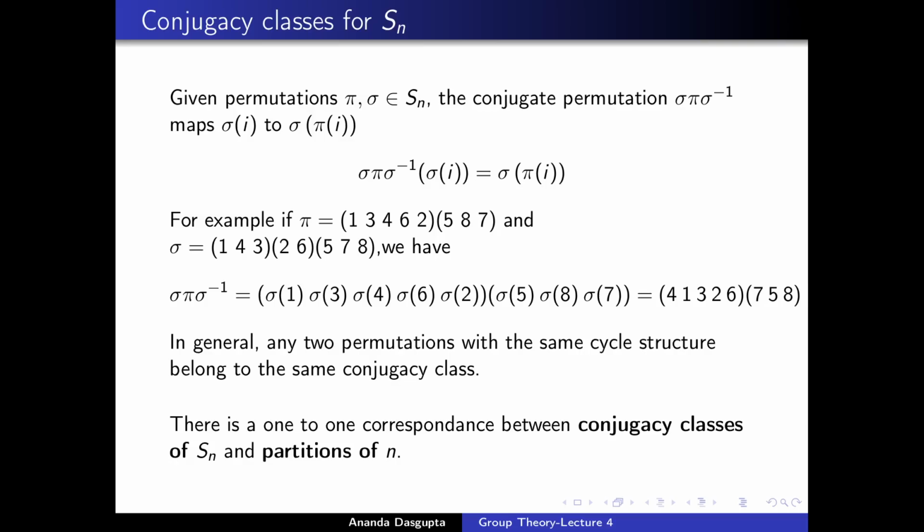And what we are really seeing here is that there is a deep connection between conjugacy classes of Sn and partitions of the integer n. Now this connection will be very, very important in determining the theory behind the representations of the symmetry group. We will come back to this theme of conjugacy classes over and over again during the course of these lectures.